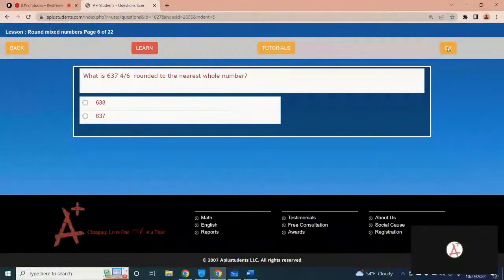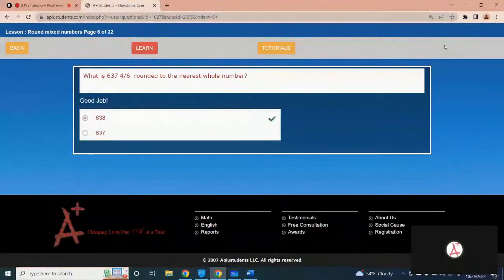Got it? That means you have to round up, so it would be 638. Yes, very good, Donald. It is 638. So just select the correct option and click on the OK button.